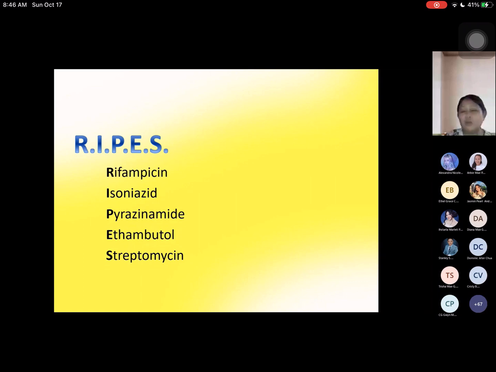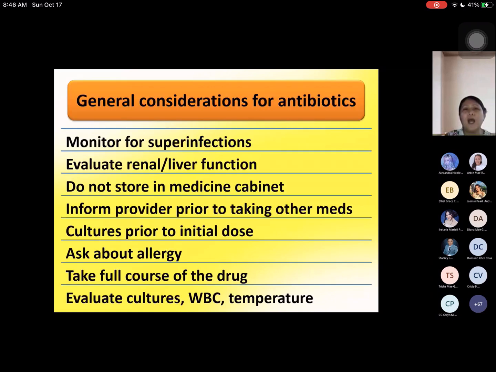following. Monitor for superinfections, especially for those long therapy. For those taking broad-spectrum antibacterial or antibiotics, they might be prone to superinfection. Okay? Next, evaluate renal or liver function.